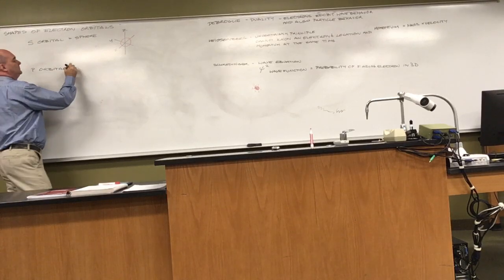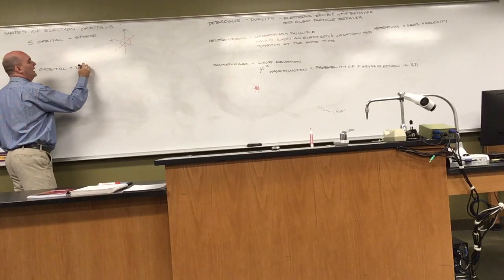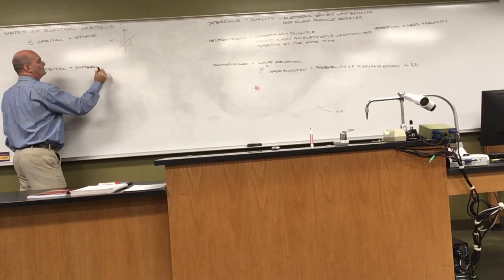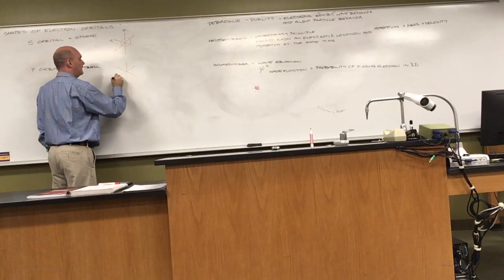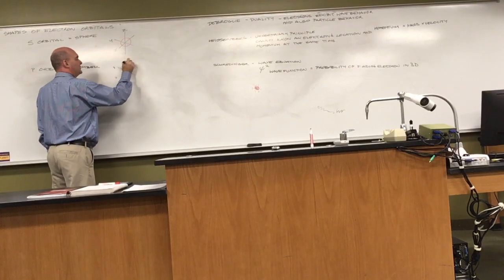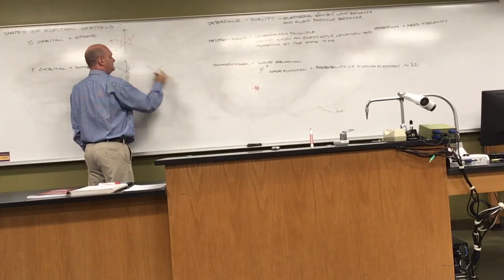A p orbital is kind of a dumbbell shape. We need an x, a y, and a z. I'm going to need 3 of these.